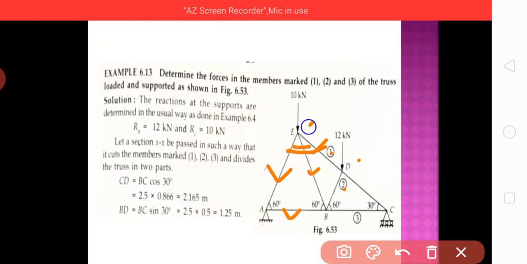Then this member will be sine of this, that is cos of this, cos 60 of this, AC. This is 60, then this DC will be sine of BC, and then BD will be cos 60 of BC.